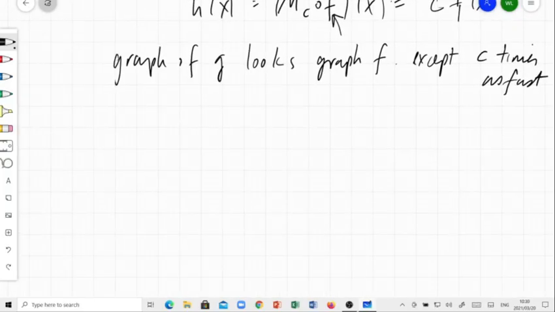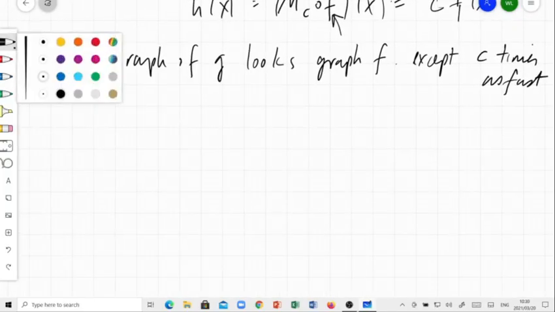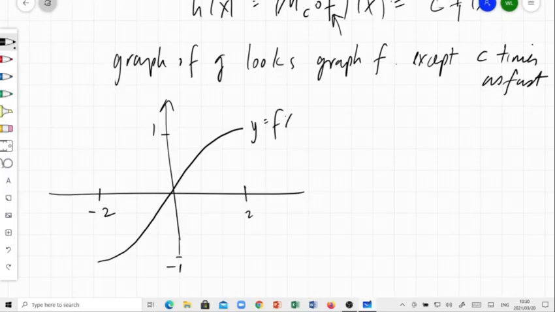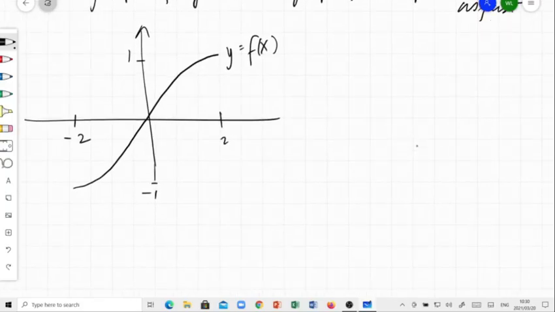Let's consider, let's say this is minus 2 and 2, and let's say that the graph grows from minus 1 to 1, and this is the graph of my friendly function. So this is y equals f of x, and notice that the domain is between minus 2 and 2.